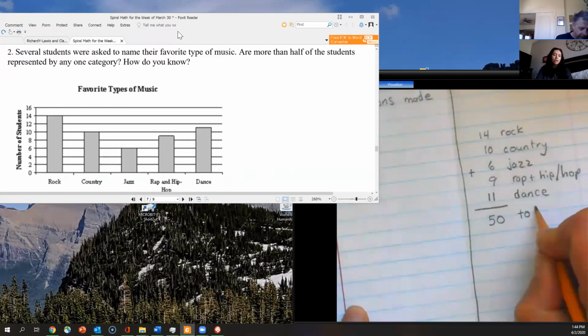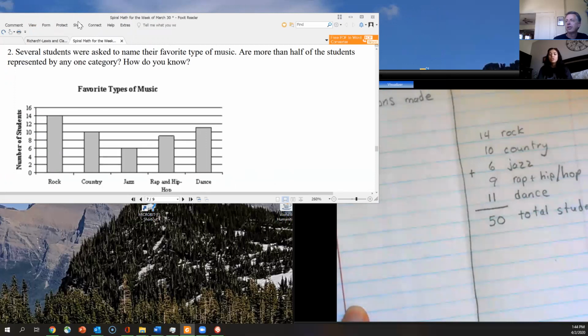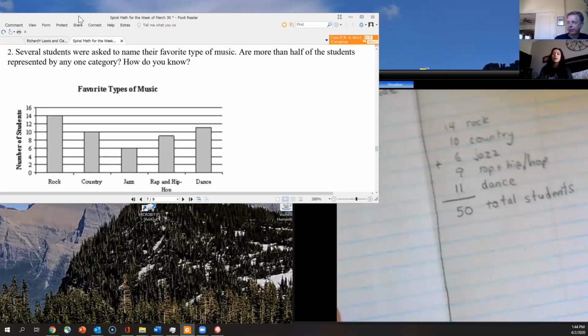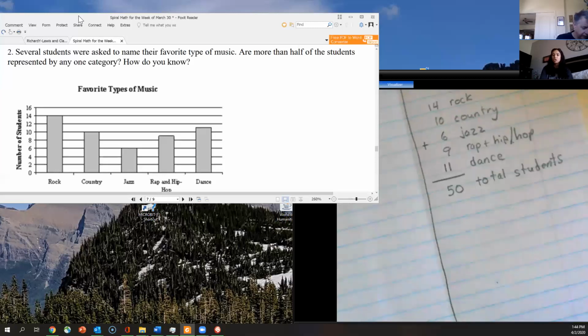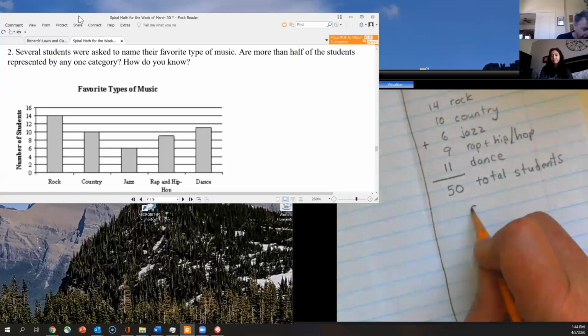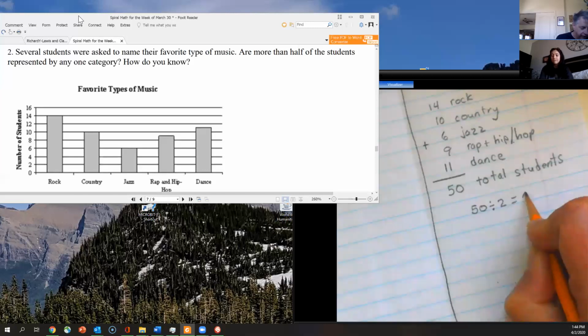And from there, it's asking, are more than half of the students represented by any one category? So you first have to figure out how many students are in total, and then you have to figure out how many are half the students. So then you have to divide your 50 by 2. I got 25.